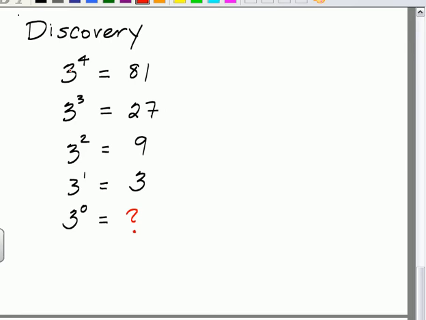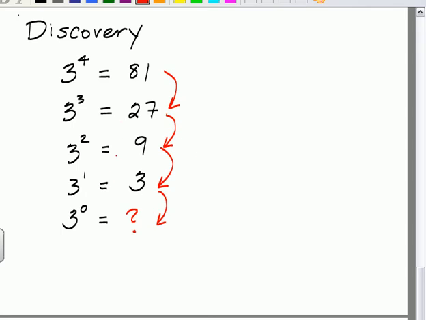So what we're doing is we're crossing our fingers and hoping that we can find a similar pattern over here on the right. Is there anything that we can do to go from 81 to 27 and do the same thing to go from 27 to 9 and do the same thing to go from 9 to 3? If we can find the same thing in each case, then we can figure out what to do to 3 to get our answer here and replace that question mark with a number. Maybe it's easier to see.